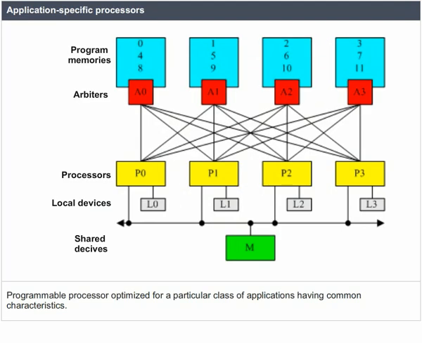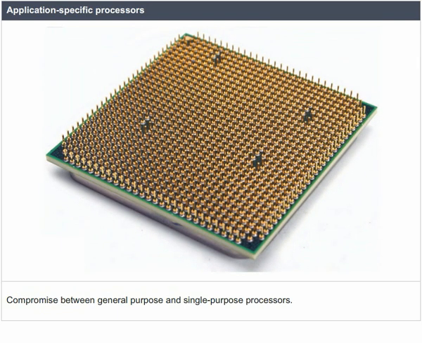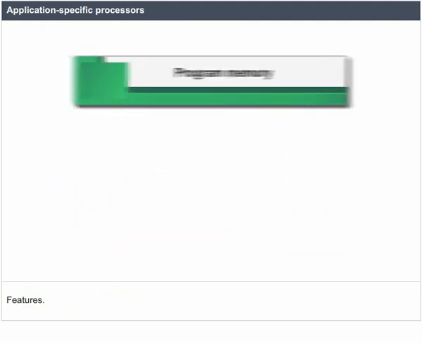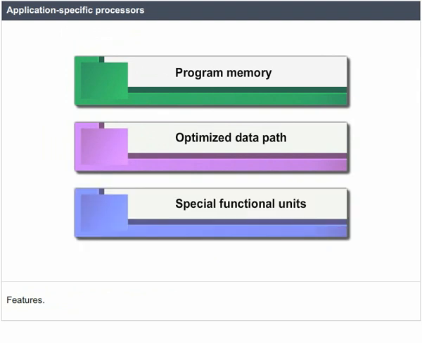Application-specific processors. A programmable processor optimized for a particular class of applications having common characteristics. A compromise between general purpose and single purpose processors. Features: program memory, optimized data path, special functional units.